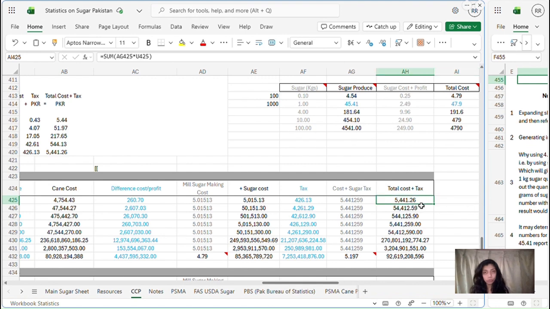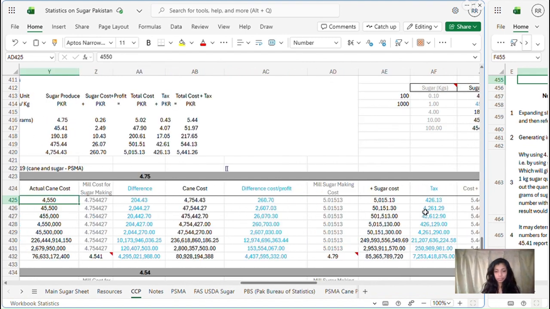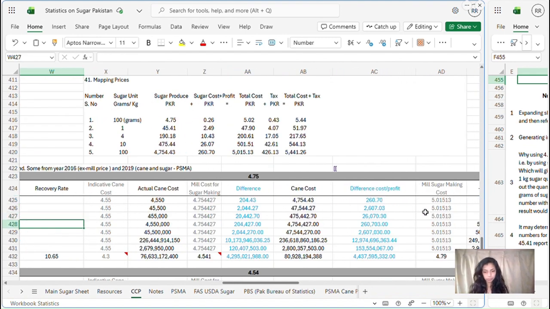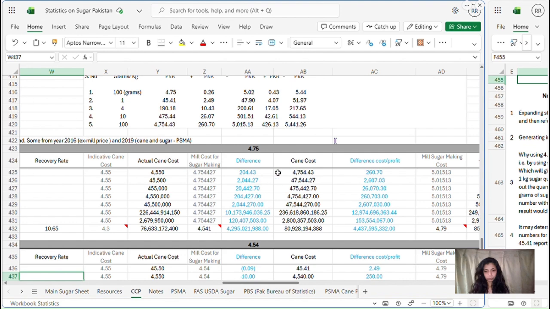This can be called the XML PKR amount, which means the cost at which the mill sells to the middlemen, distributors, and the wholesalers or bulk consumers.